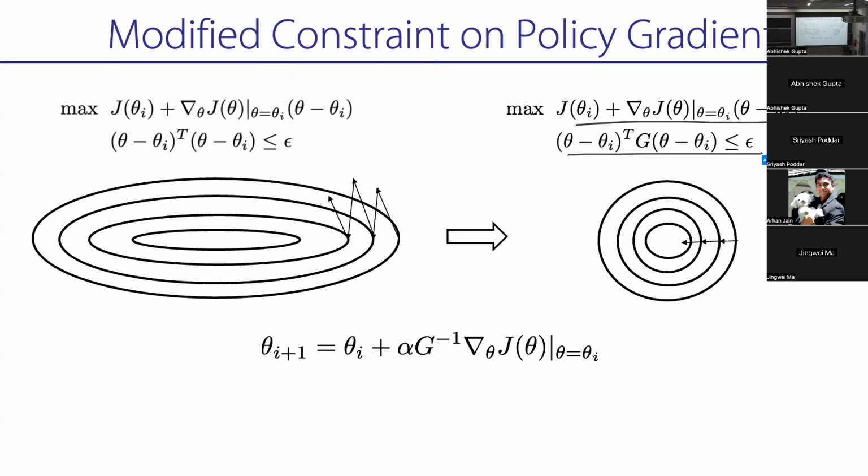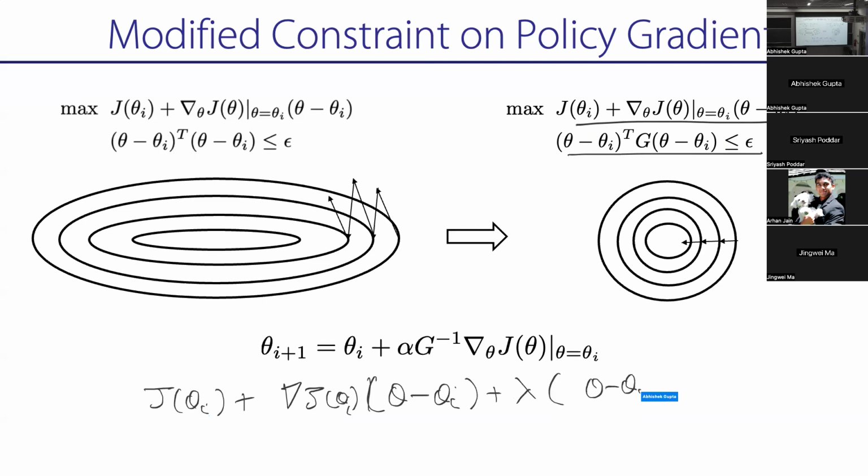So we say the objective is J(theta_i) plus grad J(theta) times (theta minus theta_i) plus lambda. But now you're going to have (theta minus theta_i) transpose G (theta minus theta_i). So you just have this G term here. When you take the gradient here, oh, I always mess up the sign. Sorry.